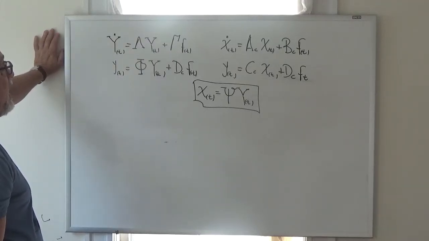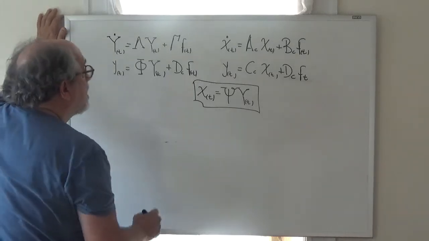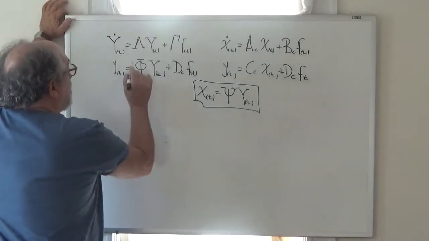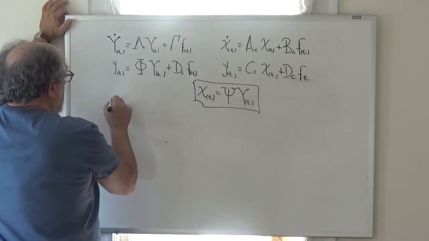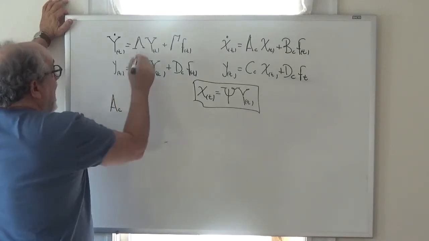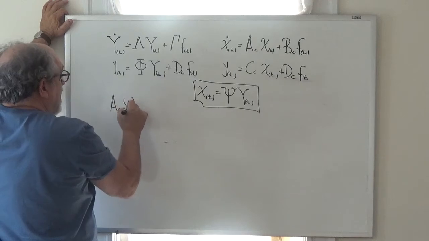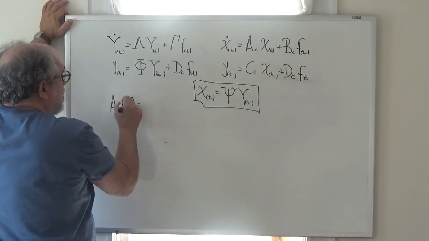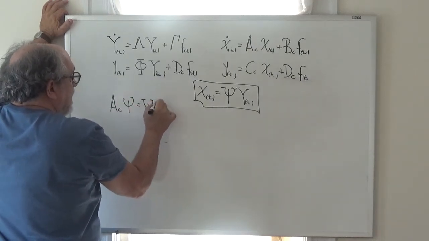So, okay, there's something else. I erased it, but I'll derive it again. A_c times phi, we said was equal to phi times lambda, right?